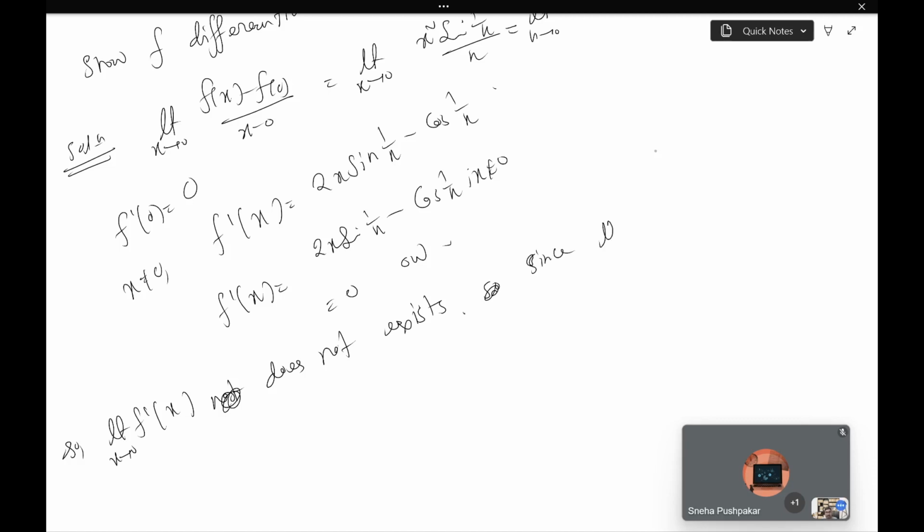Since the limit x goes to 0 of cos 1 by x does not exist. So do you understand the solution? Yes, sir. So now going to the next problem.